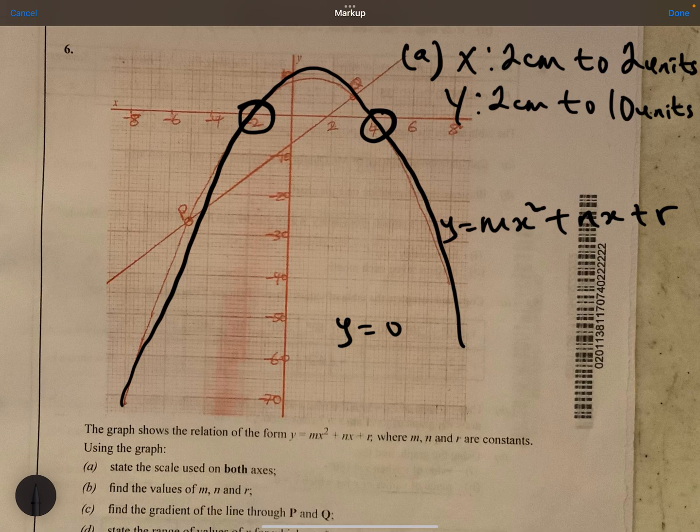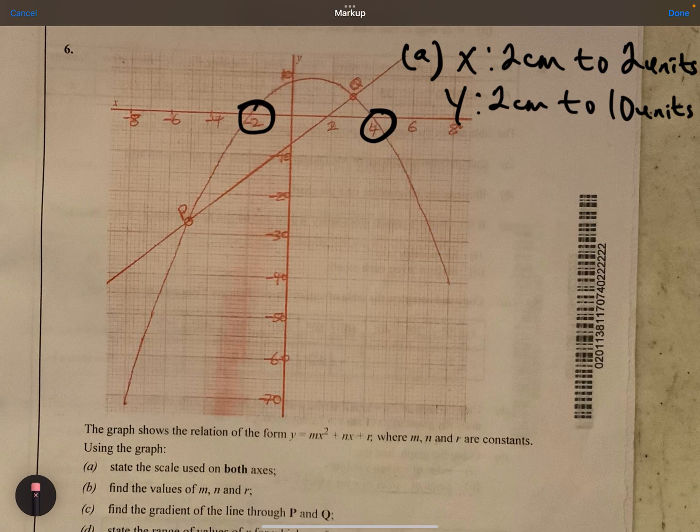So when y equals 0, x equals -2 or x equals 4. That's what we need to find the values of m, n, and r. So that's question B. X equals -2 or x equals 4.